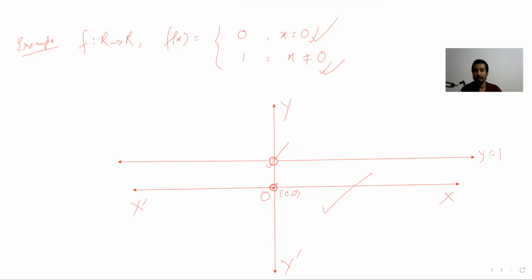This graph has a break at the point x equal to 0. So why is this not continuous? It is very simple. It is not continuous because it has a break at the point (0, 0). In other words, it has a break at the point x equal to 0.